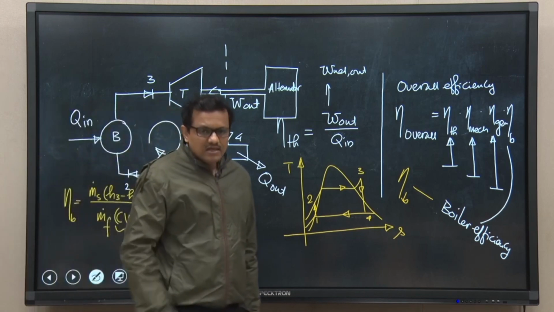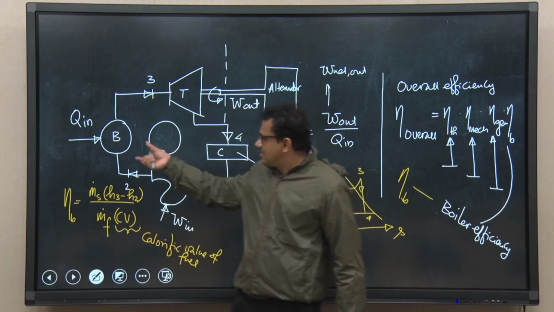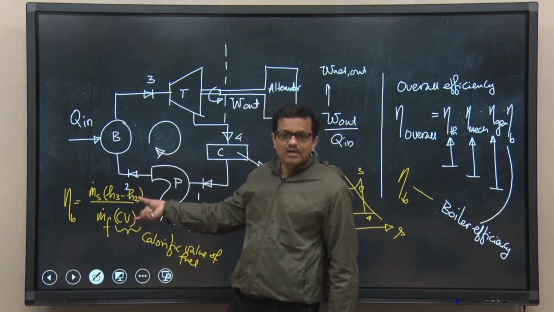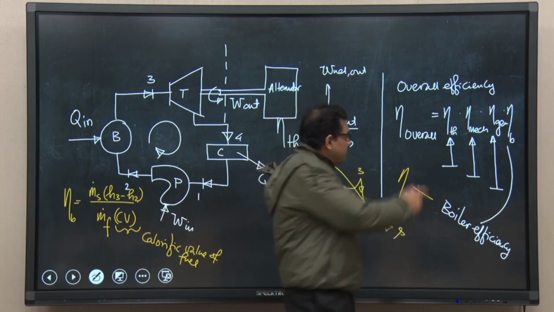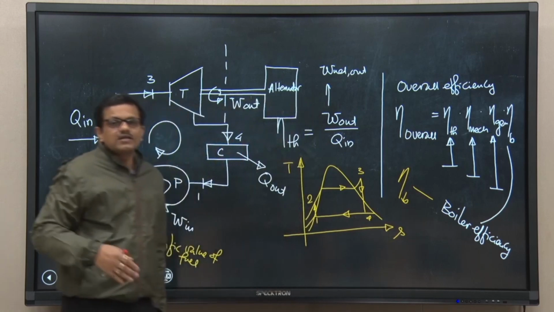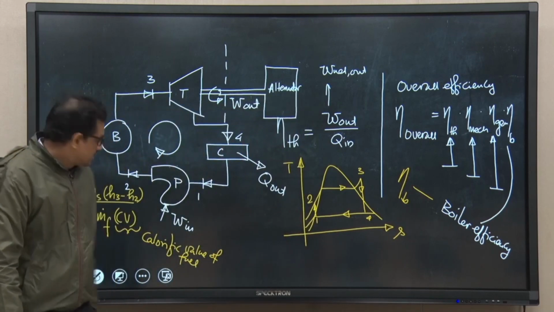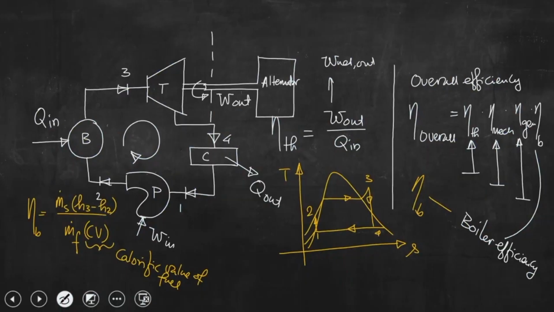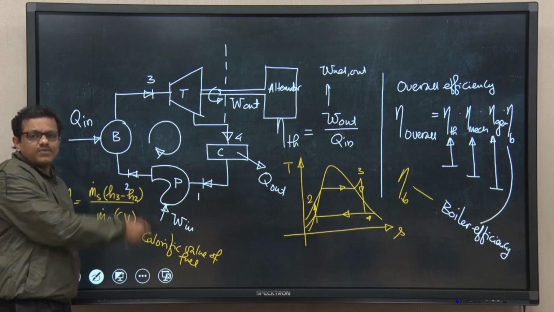Now, we can understand that this efficiency plays an important role in predicting the overall efficiency of the plant. Our target should be, as I mentioned a few minutes back, to make these two quantities as close as possible, although it is very difficult to achieve in practice that they will be equal.